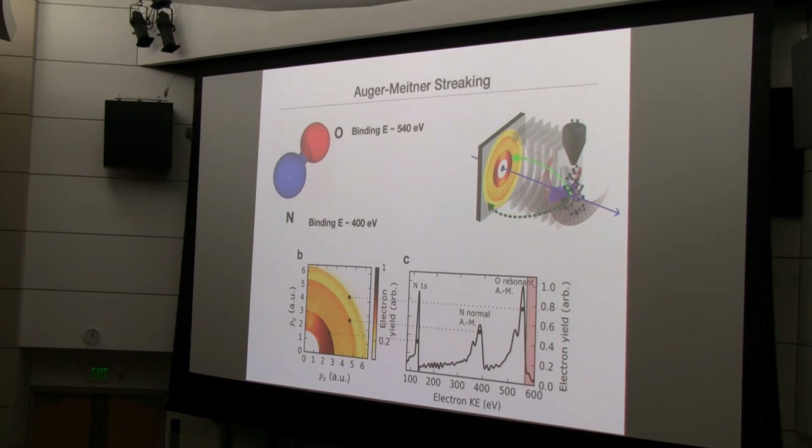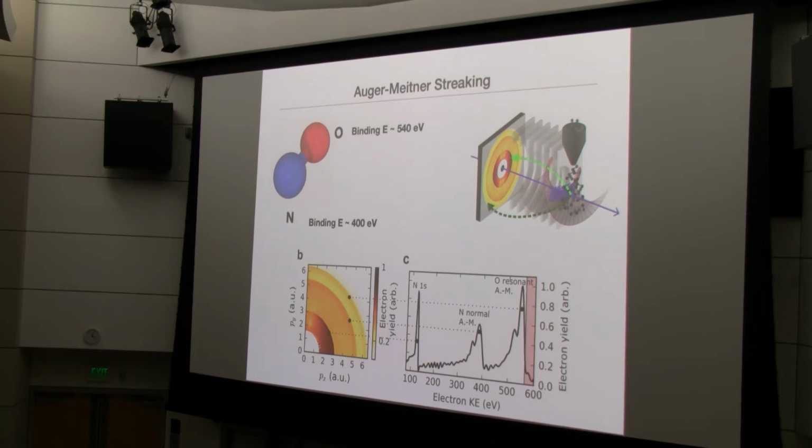So we're creating neutral excited states in the molecule, core excited states. And of course, we're above the nitrogen K edge, so we're also creating photoelectrons from nitrogen, which is this line here. And then here you see the Auger-Meitner electrons coming from nitrogen and from oxygen.